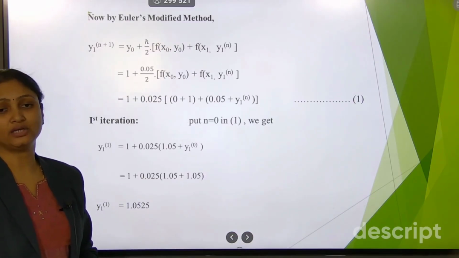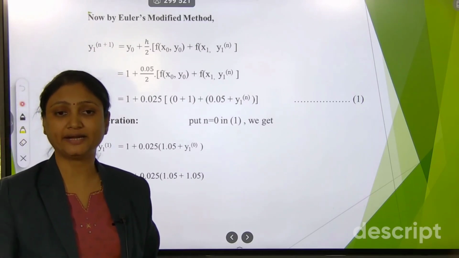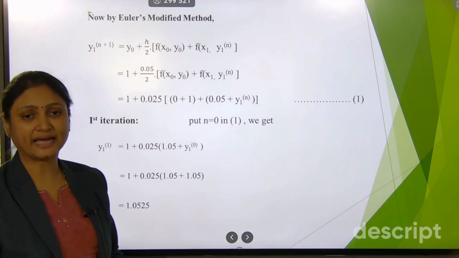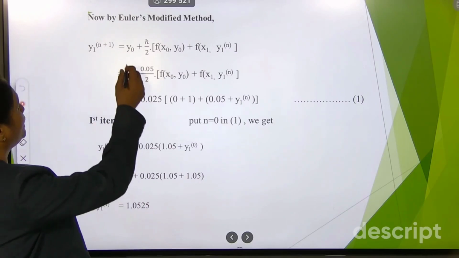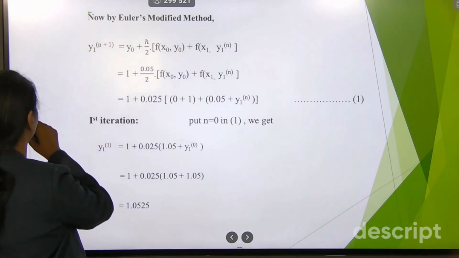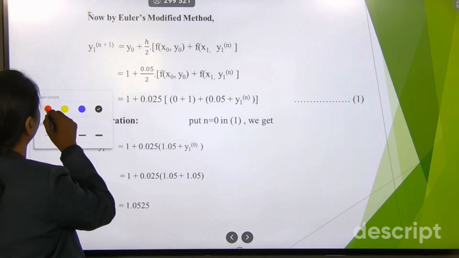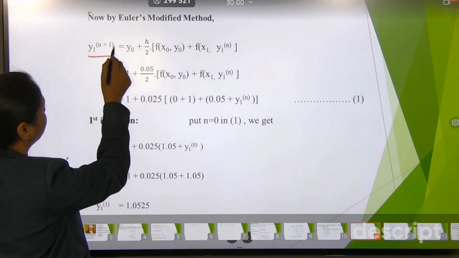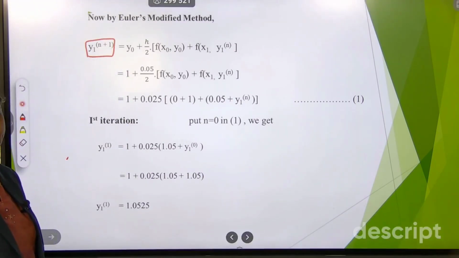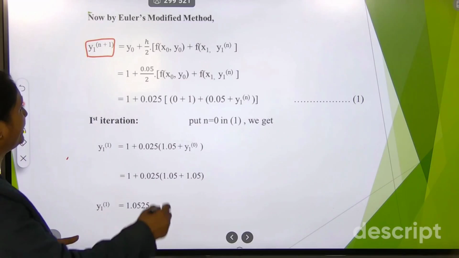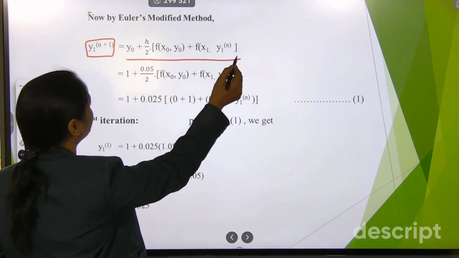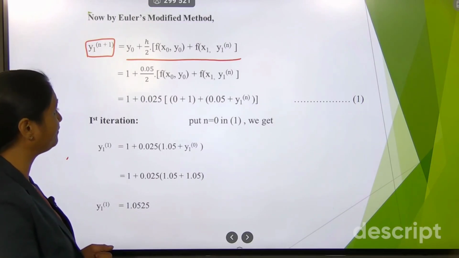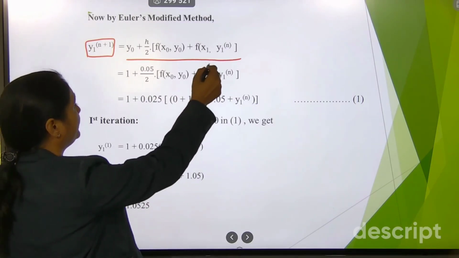Now, as we know Euler's modified method is an iterative method, so we will take a number of iterations to reach the desired value. By Euler's modified method, the n plus 1 value can be determined by this formula, equation 1: y1 n plus 1 is equal to y0 plus h by 2 into f of x0, y0 plus f of x1, y1 n.